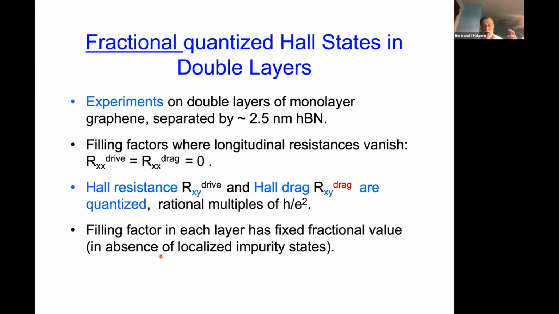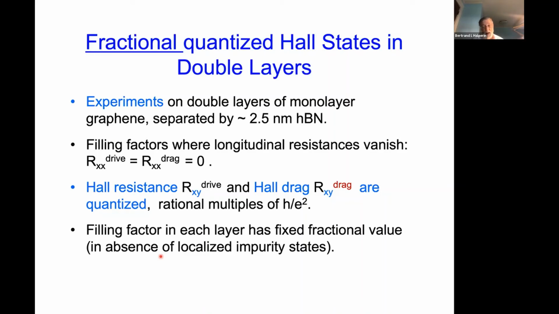In two bilayers separated by an insulator, my recollection is that you do see things at total filling 1. You see something at total filling 3, but not really at total filling 2. And of course in bilayers you have this degeneracy between the n equals 0 and n equals 1 orbital states.